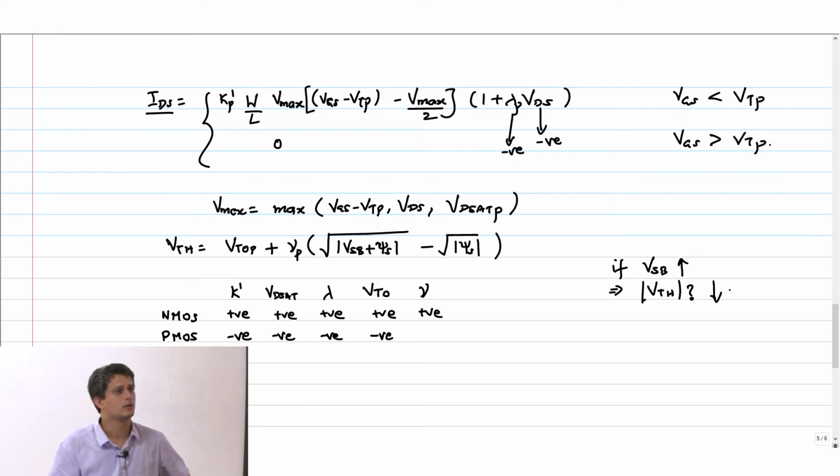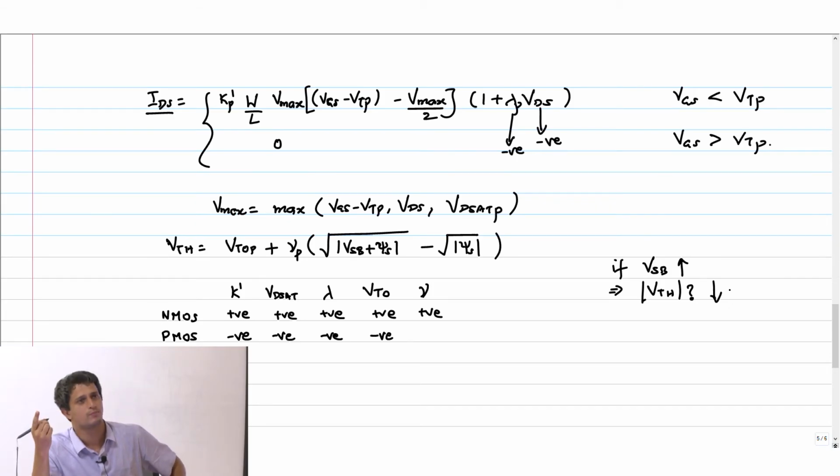You agree? All of you agree with this? It's the opposite of an NMOS transistor. If VSB goes up, the threshold voltage for an NMOS goes up. But for a PMOS transistor, the mod of the VTH should come down. What does mod of the VTH coming down mean?